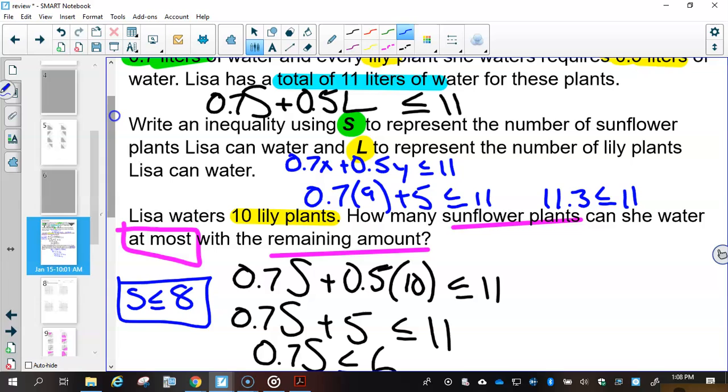So we could put this into your calculator or into Desmos, and the same thing would happen as if we were solving it.